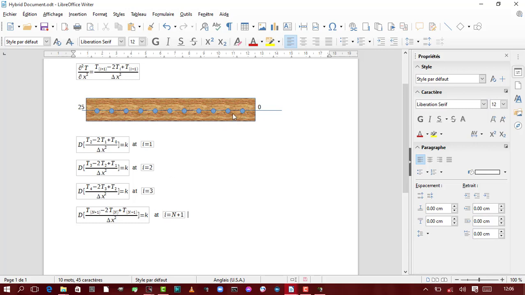We want to know the temperature on these points, but we want to know these values according to this one, which is t at 0, and this one, which is t at the position n plus 1. So we want to know the value on these points with respect to the value on this point and this one. This is why those values are important.